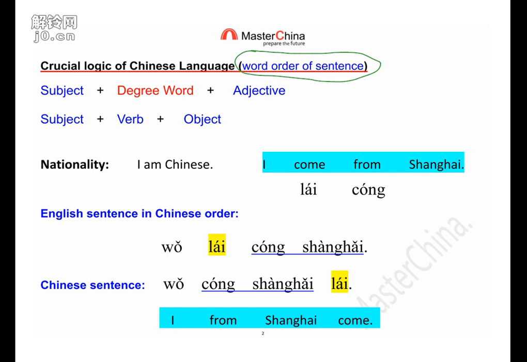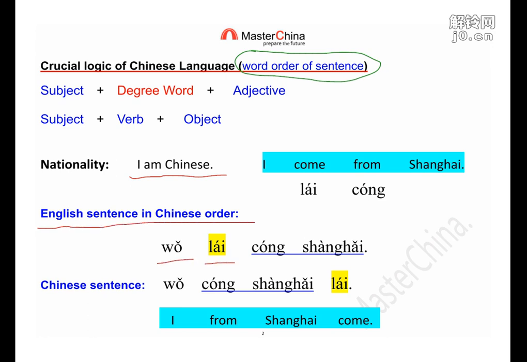When I introduce my nationality, I can say I am Chinese. 我是中国人 or I come from China or I come from Shanghai. I can use these two expressions for my nationality. If we do word-by-word translation, we can get this English sentence in Chinese order. 我来从上海.